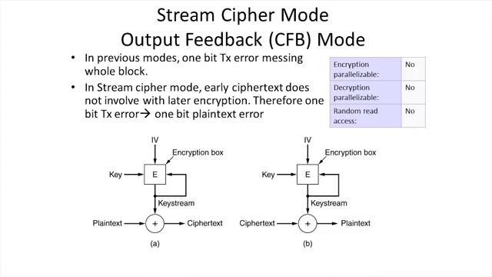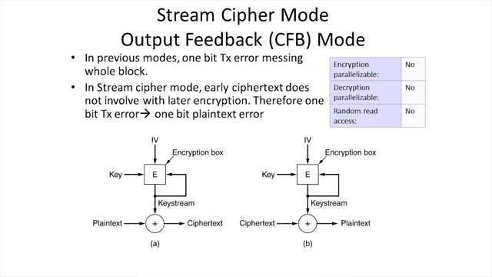With this isolation effect, a one-bit transmission error only results in a one-bit plaintext error, not garbling the whole block. It is much better than the previous modes where the whole block is garbled, especially when dealing with unreliable transmission.